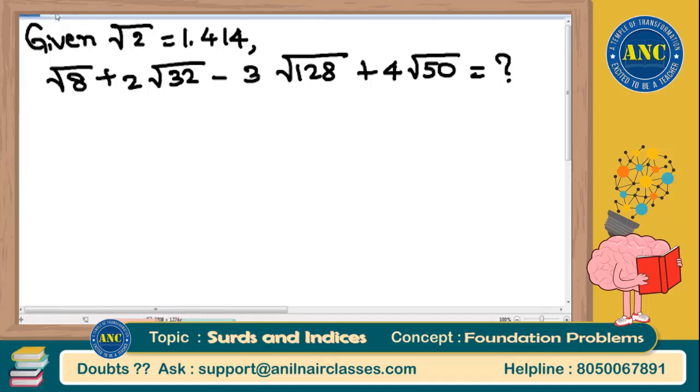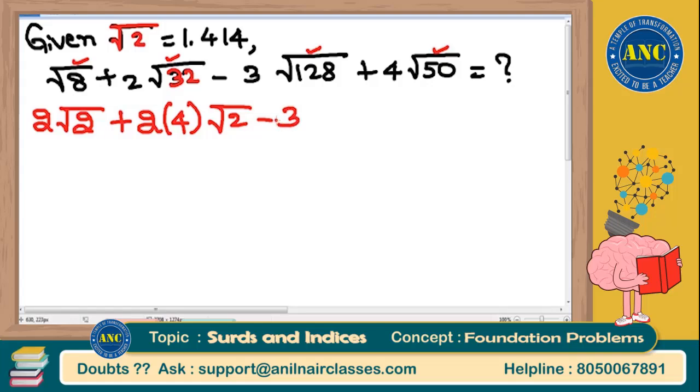Now, very easy question. Why? Because the root 2 value is given. So every number here can be expressed in terms of root 2. Root 8 is root of 4 into 2; root 4 is 2, remaining is root 2. 2 times root 32 is root of 16 into 2; 16 square root is 4, so 2 into 4 root 2.